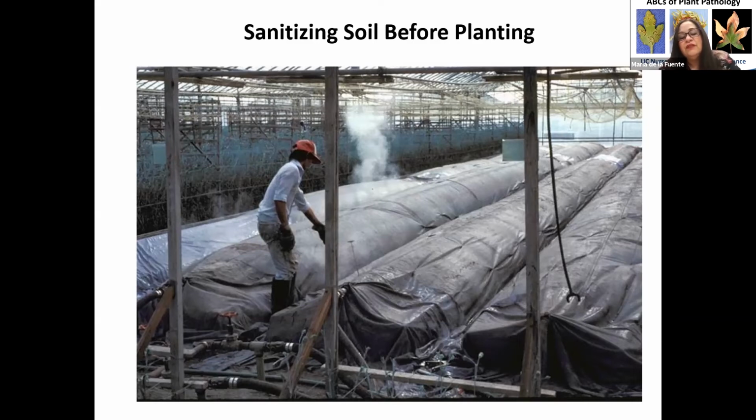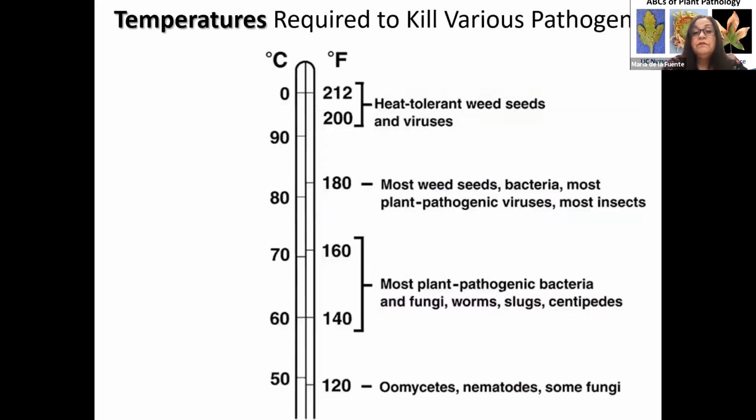When you are outdoors, it's a lot more difficult to do sanitation of the soil via vapor. And sometimes this is interesting when you produce your own substrate, because you need to make sure that you sanitize it to the level of need that you want it.